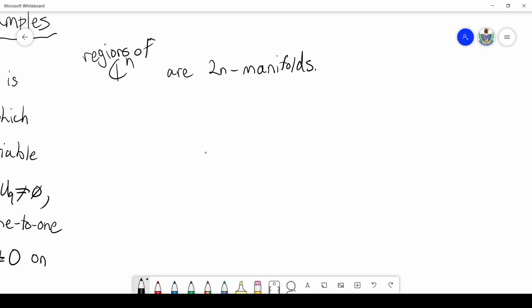A next example is that of a non-singular surface.